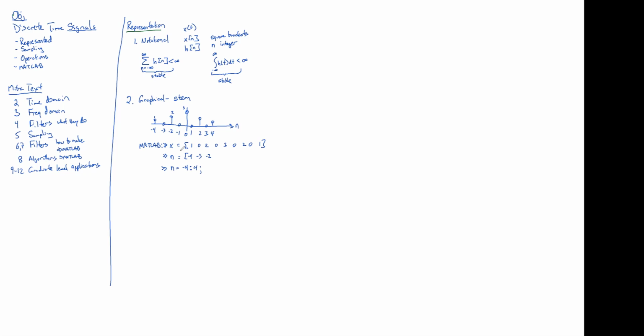And then we just found a faster way to do that. And then to stem plot it, you'd use the stem command. It's got the same notation as the plot command. You use the horizontal data first, and then the vertical data. And that will give you what you want.